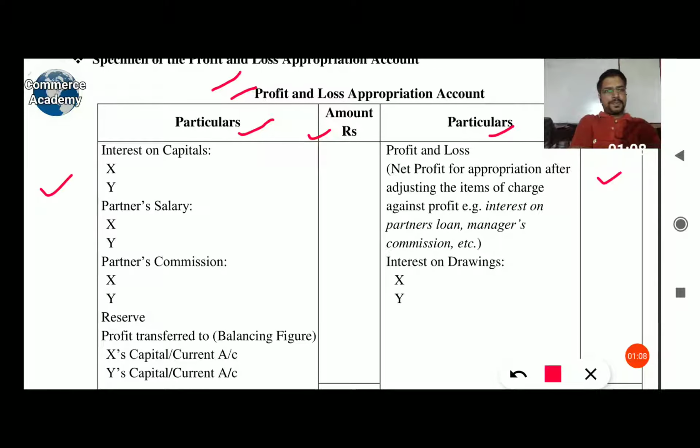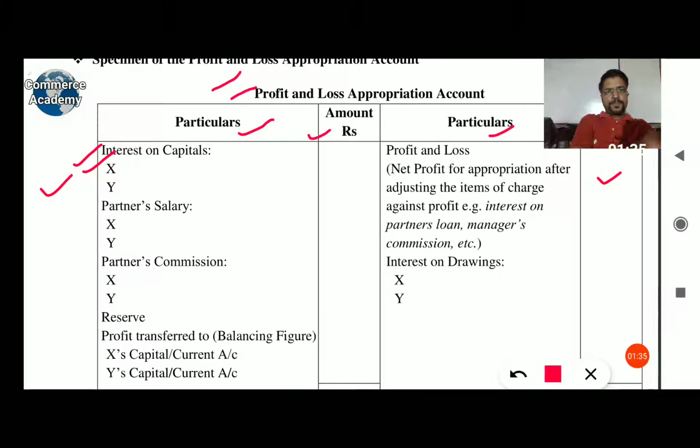The interest on capital account is debit and partners' capital account is credit. When we transfer to the profit and loss appropriation account, partners' capital account is credit and profit and loss appropriation account is debit. So when interest on capital is transferred to the profit and loss appropriation account, it is on the debit side of the profit and loss appropriation account.